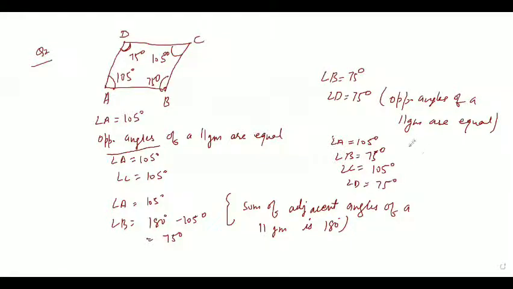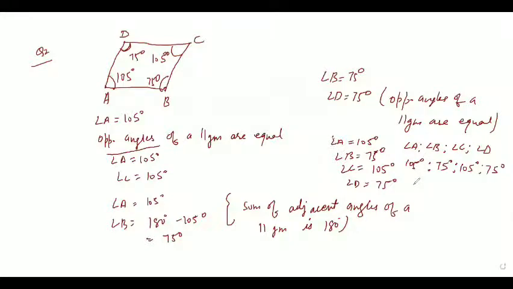And if we have to find the ratio, angle A is to angle B is to angle C is to angle D. So we would write 105 degree is to 75 degree is to 105 degree is to 75 degree. So we will cancel it.